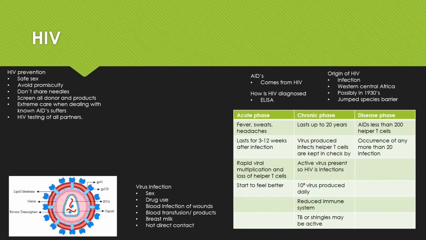This is the structure of HIV. So you have attachment proteins, which are here. Then you have your genetic material, which is here. Then you have a capsid, which is this.